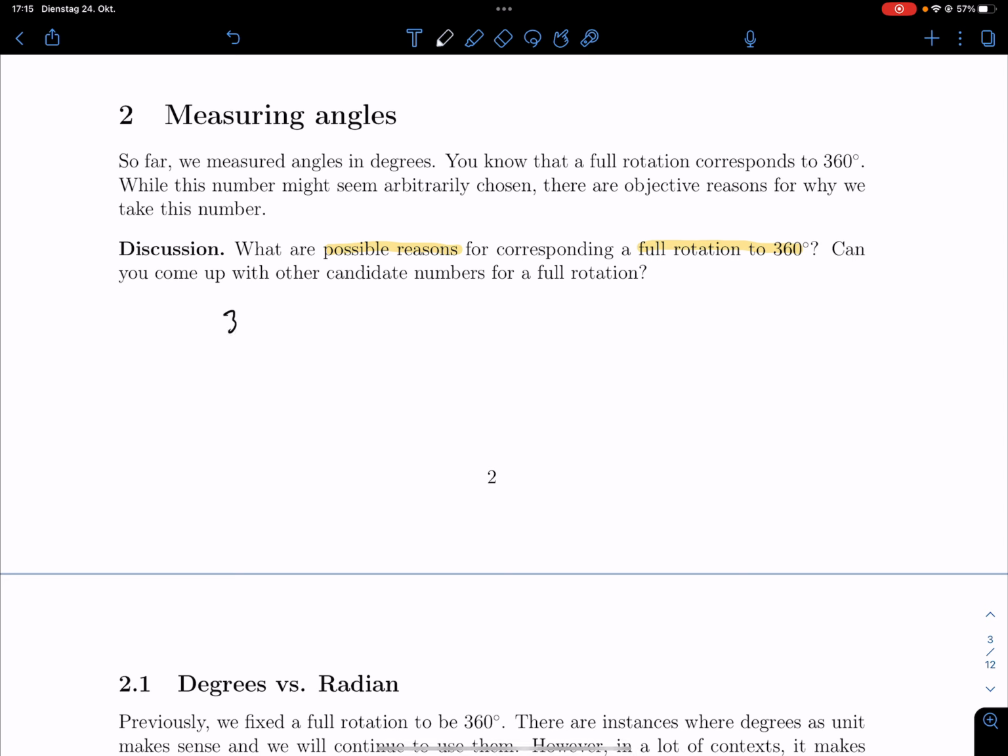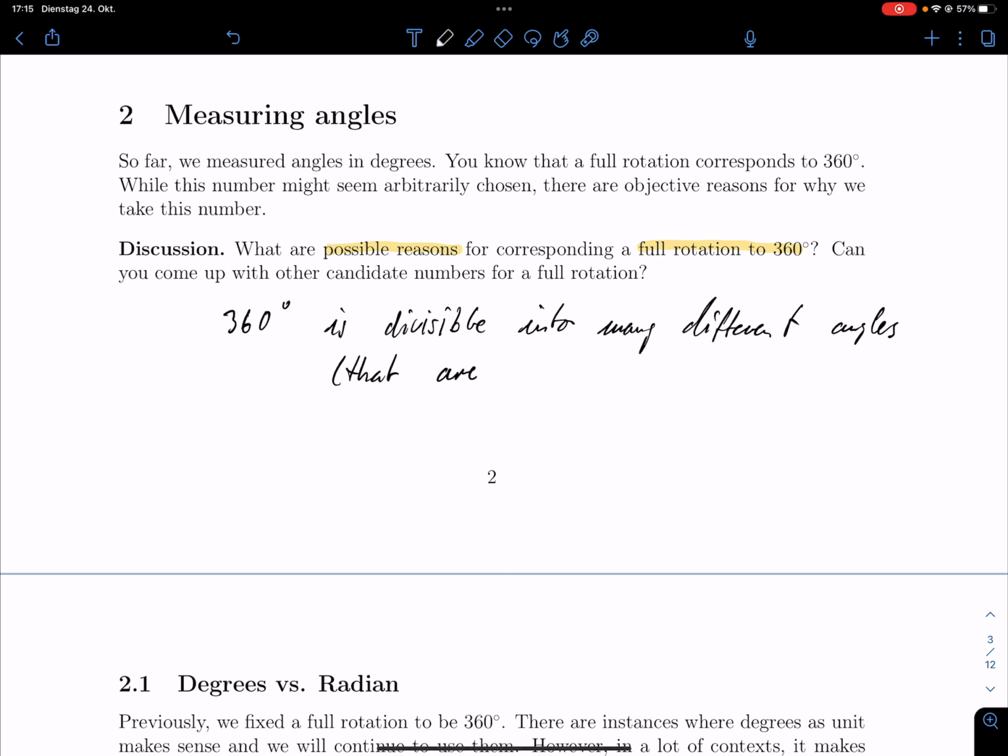So 360 degrees is divisible into many different angles, and those angles are then themselves whole numbers and not decimals.